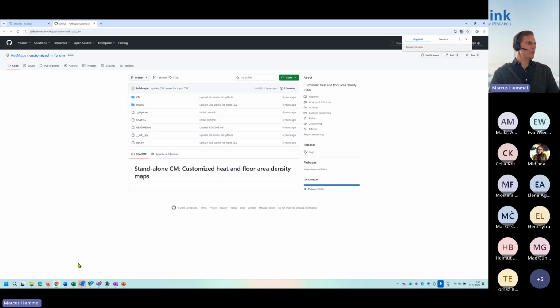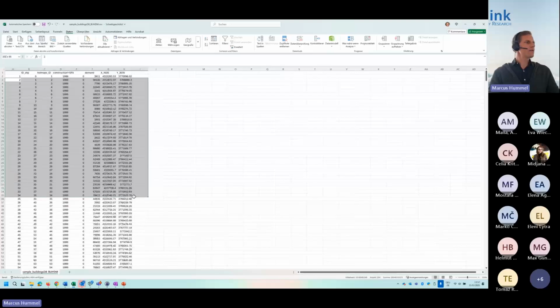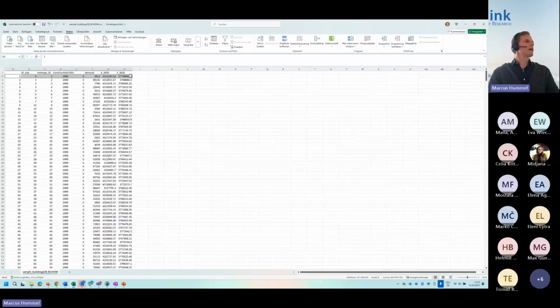And just so you have a picture of what it would mean: what you need to provide to the module is a simple CSV file looking like that, where each row represents a demand point. So it's point data that you generate.